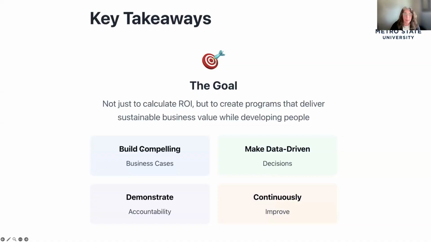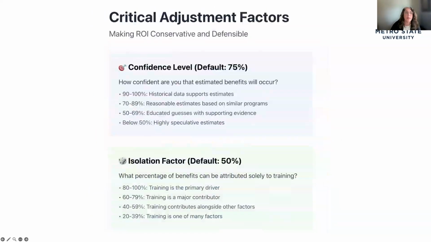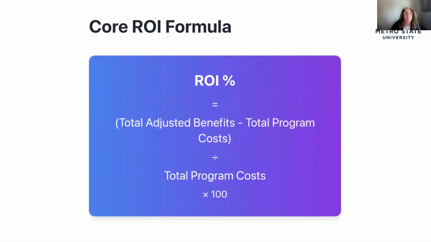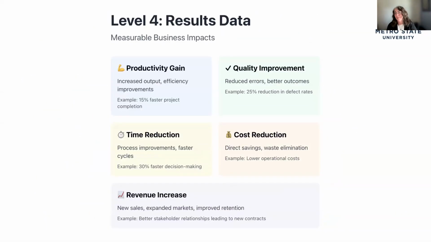So let me go back to this, because your question is actually the whole point. When we get back to here, the results data, the benefits data that you can put in your ROI are these things, right?